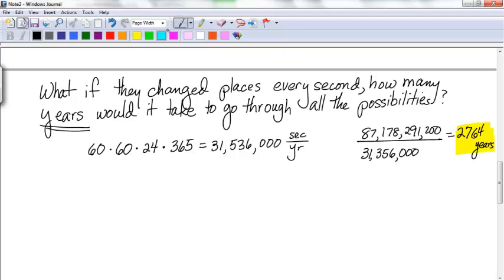So about 2,764 years. Now, most of what we've done so far is fundamental counting principle or basic counting principle. Draw a little separator there. Now we're going to look at what they call permutations.